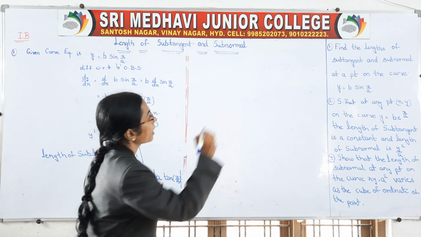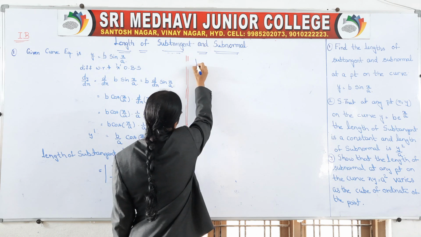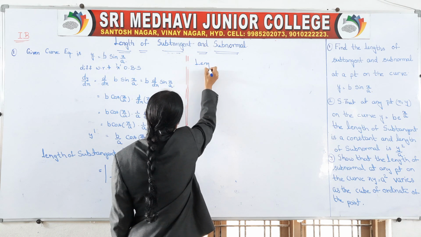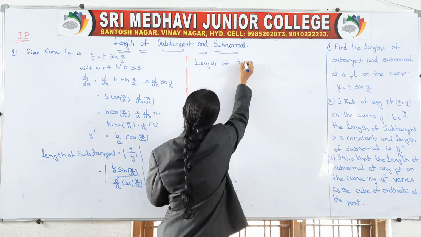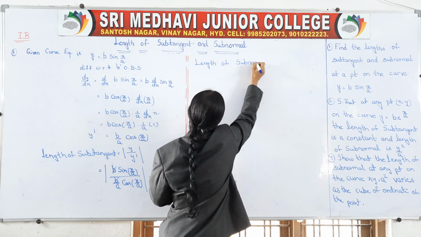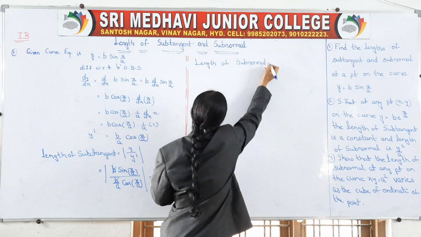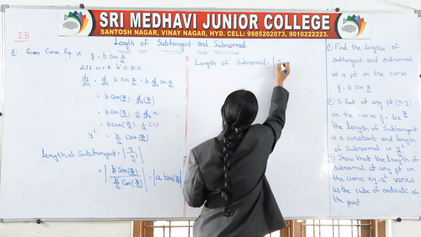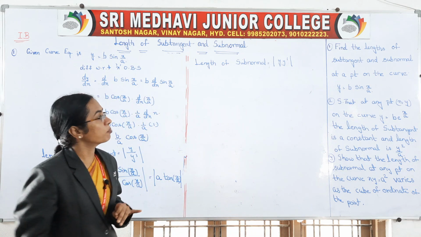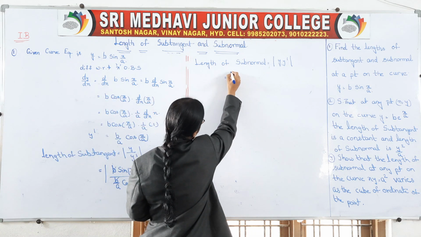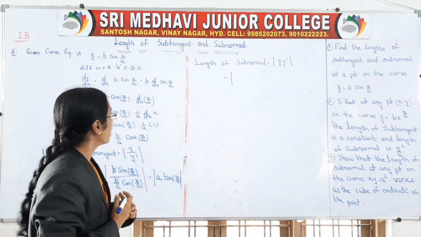Okay, next you take the length of subnormal. So what is the formula for the length of subnormal? Modulus of y into y dash is the length of subnormal. So is equal to y. What is your y?